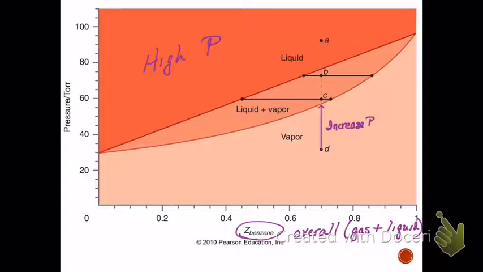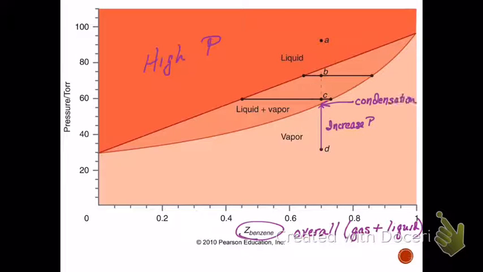So let's start with a situation where we have a pressure and composition corresponding to the point labeled D here in this diagram, and let's increase the pressure. We just follow the arrow upward until we reach the boundary of the liquid-vapor equilibrium.